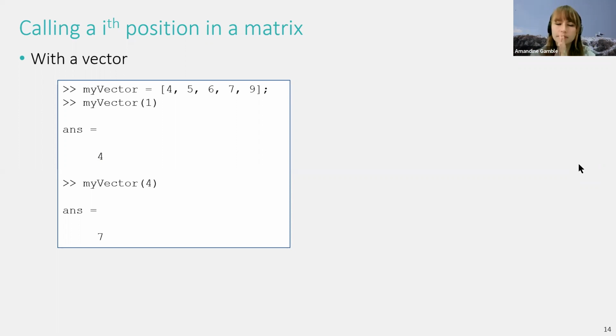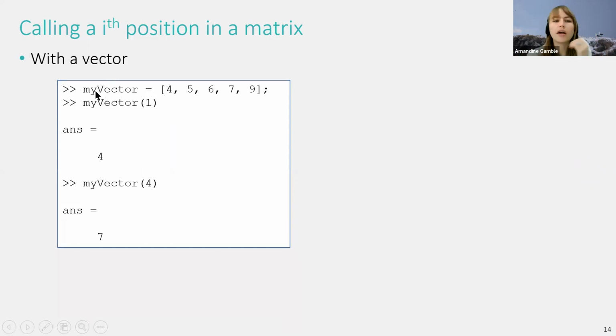A number is a 1-by-1 matrix, a vector is a 1 by x or x by 1 matrix, depending on whether it's a row or a column vector, and a matrix is an x by y matrix. Also, you can go with more than 2 dimensions in your matrices, and we'll talk about that in the coming minutes.